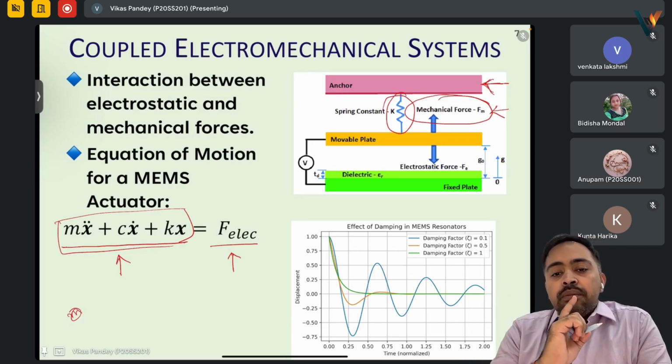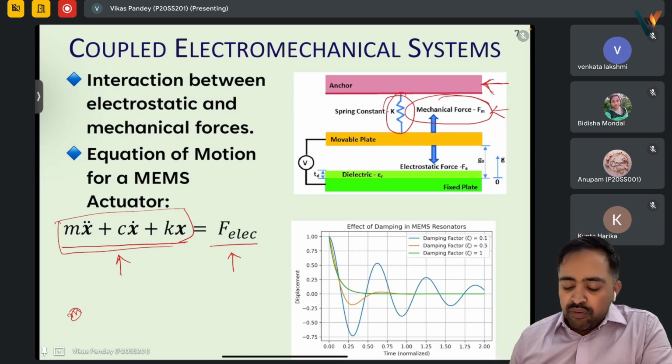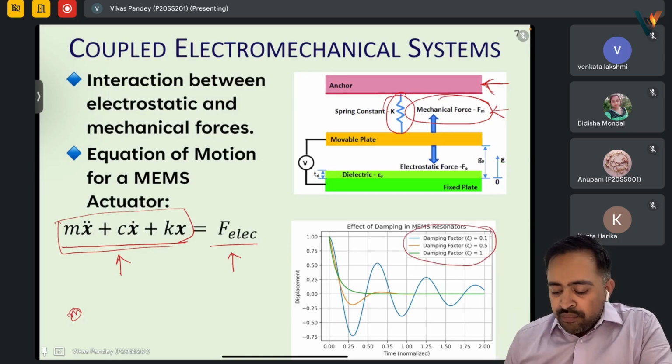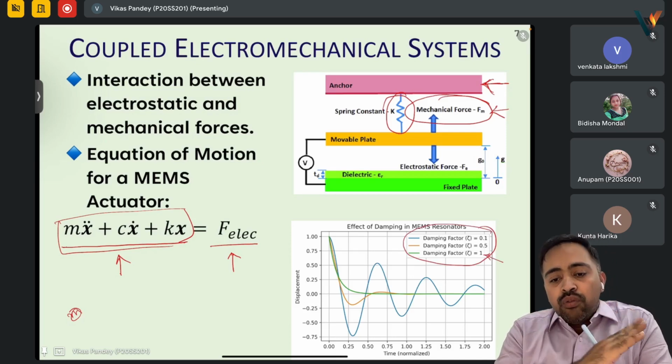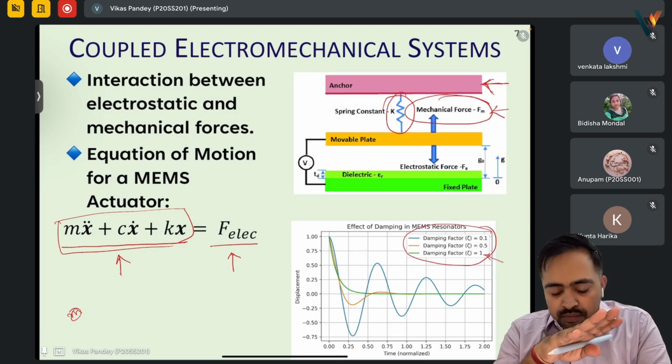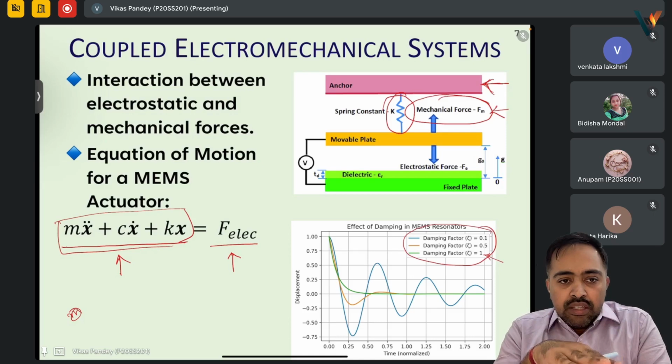We want this movement to be replicated again and again, so to have this perfect replication we want no damping, a damping factor of almost 1, so that over time we have a similar kind of interaction.